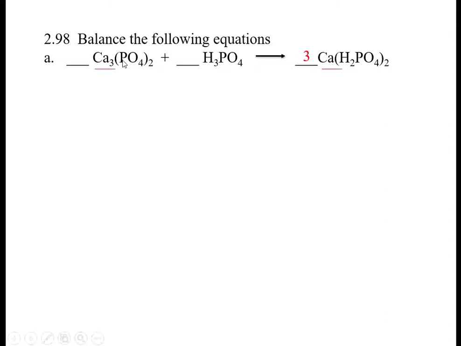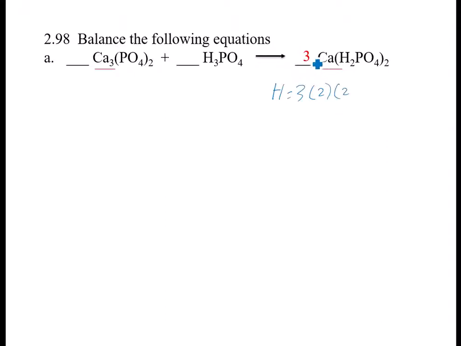I have multiple phosphoruses. I have phosphorus here, phosphorus there, and only 1 on that side, so I'm not going to use phosphorus. Hydrogen, I only have the one here and the one here. However, how many hydrogens do I have? On this side I have 3, so for hydrogen, I have 3 times 2 times 2.